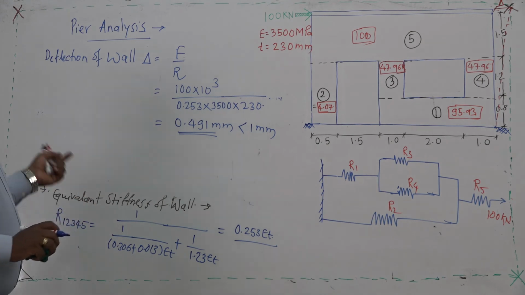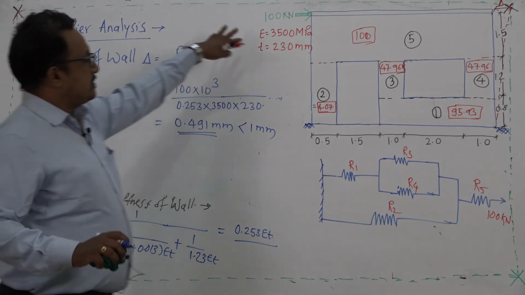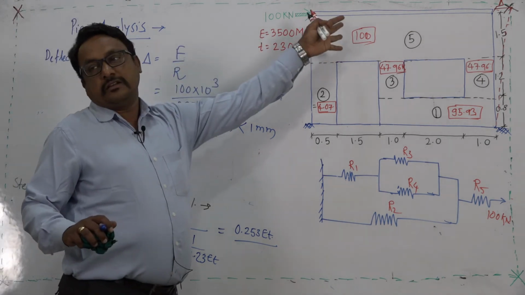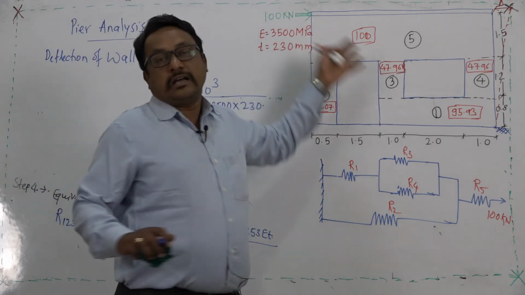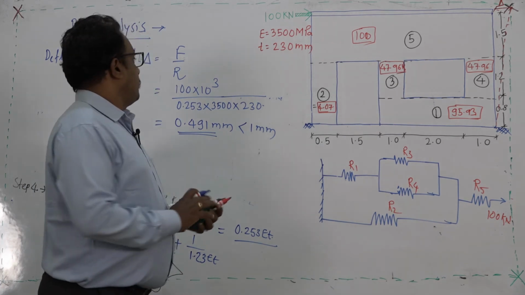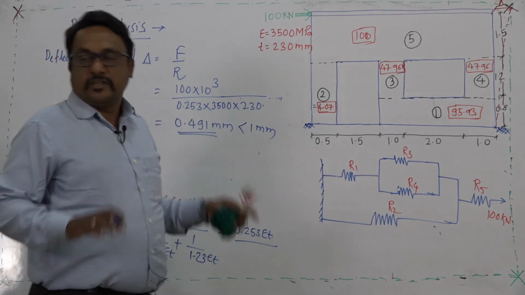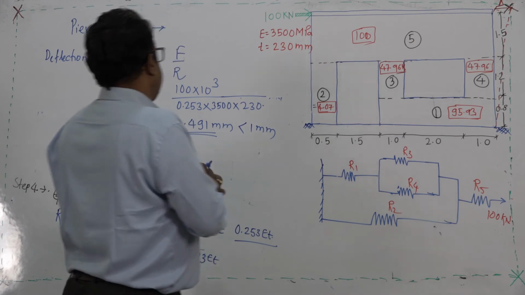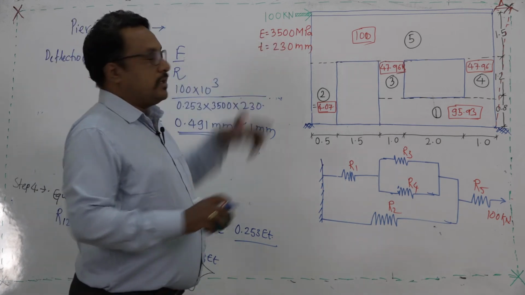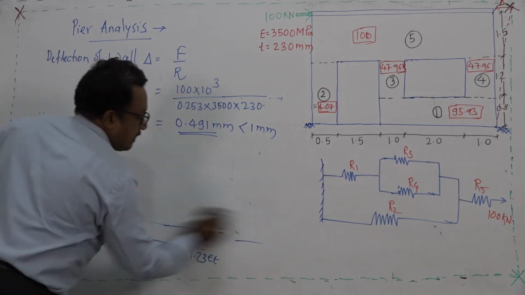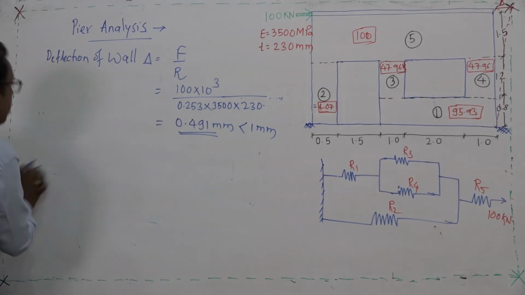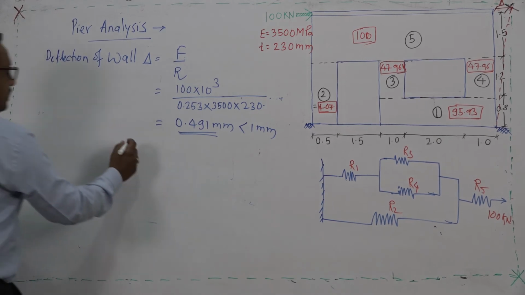Now, the question is, instead of assuming it is made up of masonry, if I consider another material like concrete, then the logic and the procedure will be the same, only there will be a change in these two values, and how it is going to reflect in the deflection criteria we will try to understand.